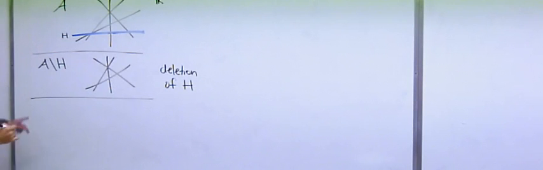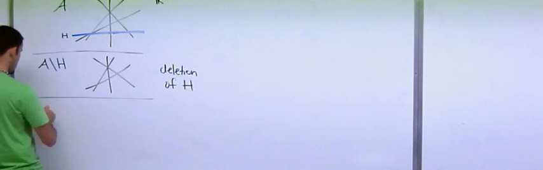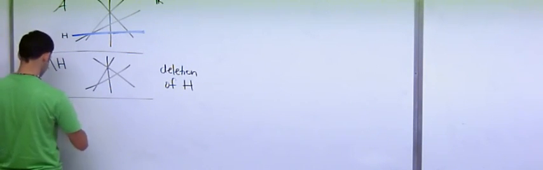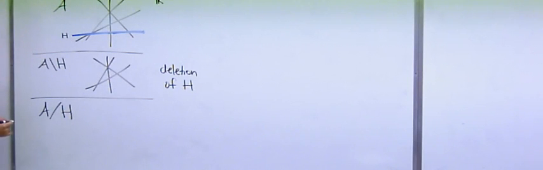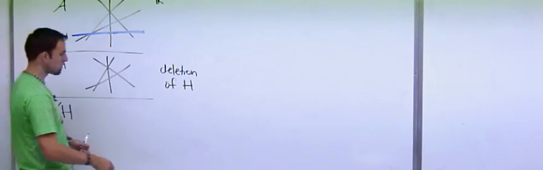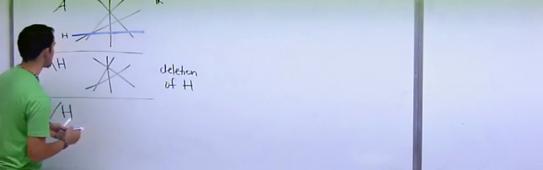And if you think about it for a little while, you're going to realize that the natural thing to do to define contraction is to look at the blue hyperplane.